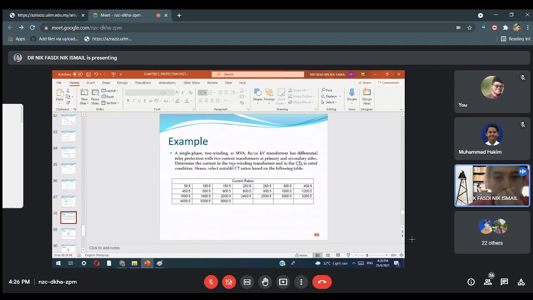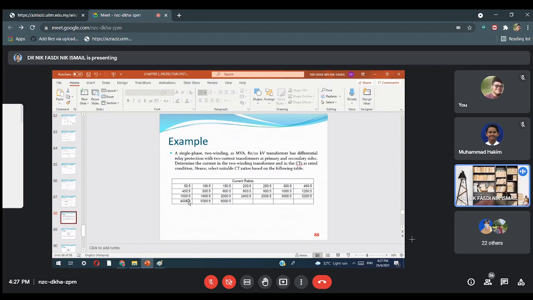Determine the current in the two winding transformer and the CT at rated condition. The question says select the suitable CT ratio based on the following table, meaning for this condition, which CT ratio is suitable? There are many CT ratios here.